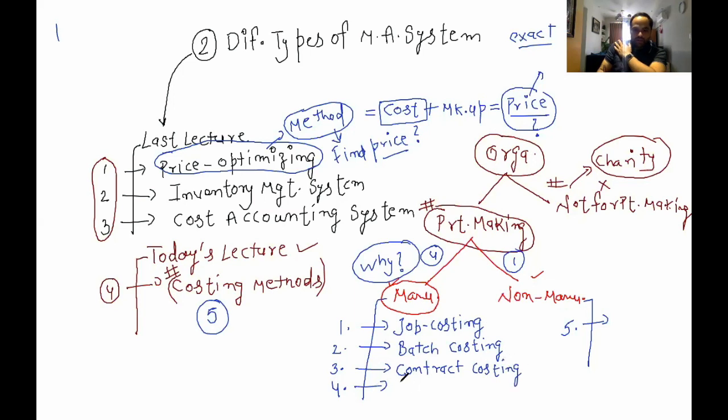And the fourth one is process costing. And for non-manufacturing, we have service costing. So all these methods, I'm going to explain to you one by one.